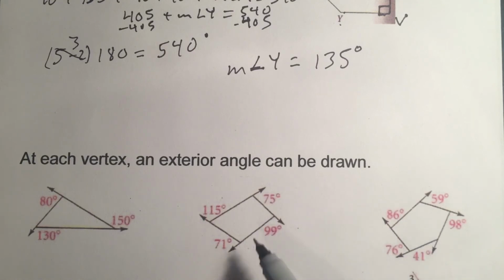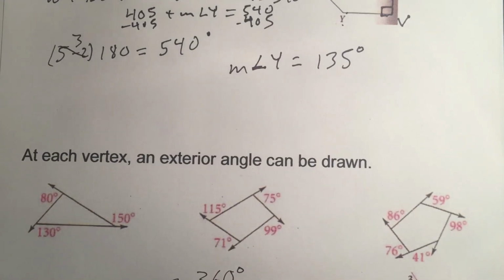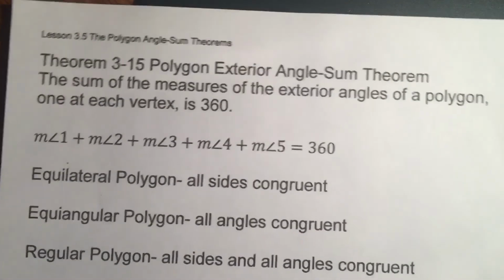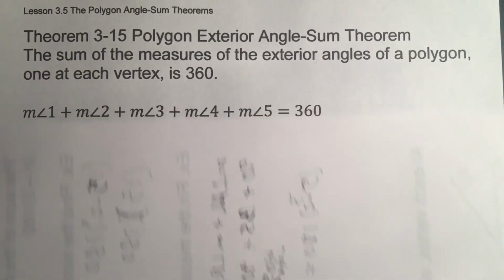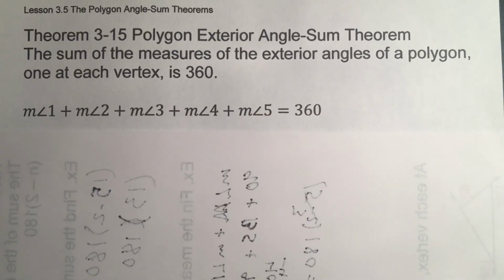Now, if you add these all together, they're all going to end up being 360, which leads us to the next theorem here, Theorem 3-15. So what that's saying is the exterior angles of any polygon add up to 360. No matter what the polygon, all the exterior angles would be 360.